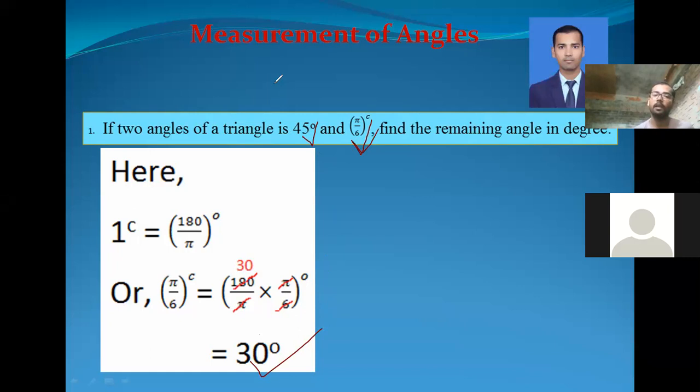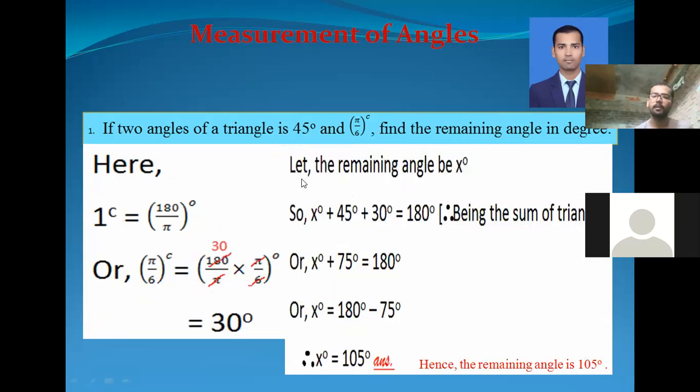We have found two angles in degree, so after this we need to find the third angle, which is not given to us in any measurement. That's why let the remaining angle be x degree.